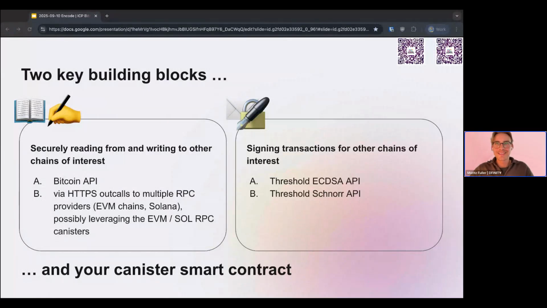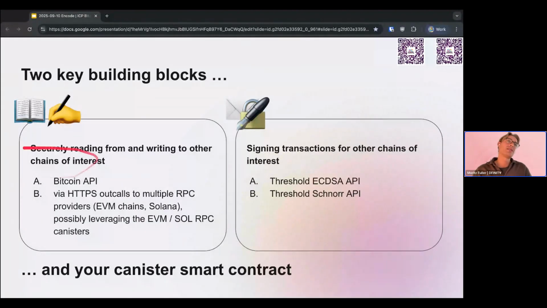So those are the two building blocks. So I need to be able to securely read and write, and I also need to be able to sign transactions, because otherwise, how would I prove to the other network that, yes, indeed, the account I'm trying to spend from is really an account I'm authorized to spend from, basically an account that I own.